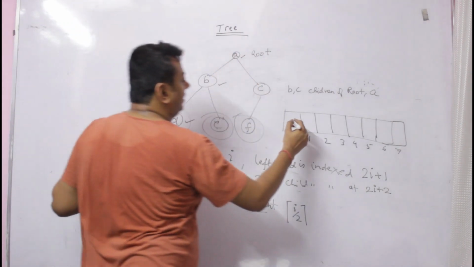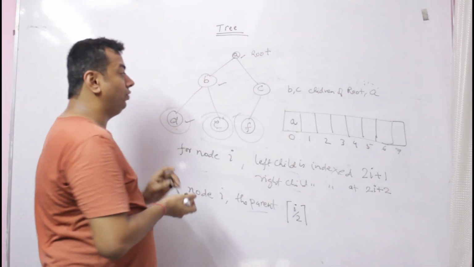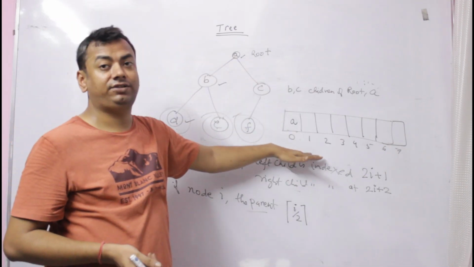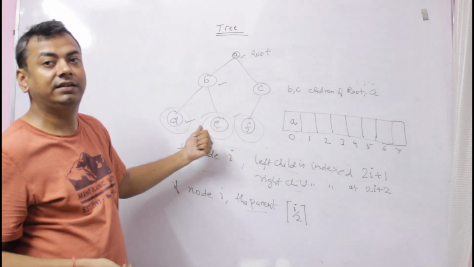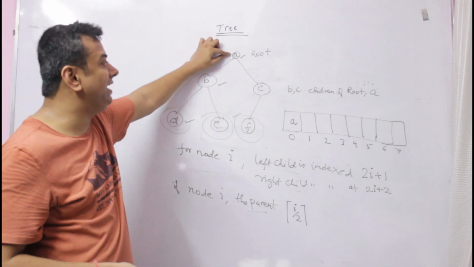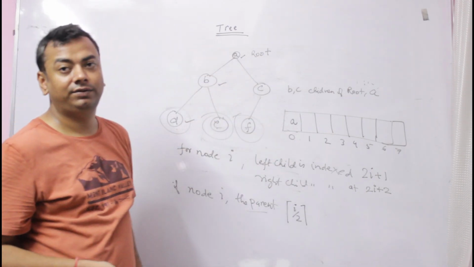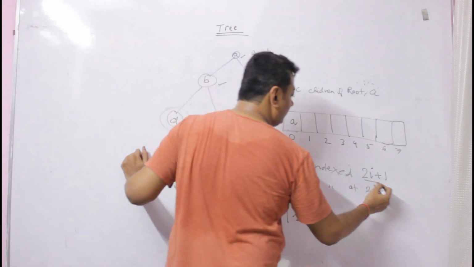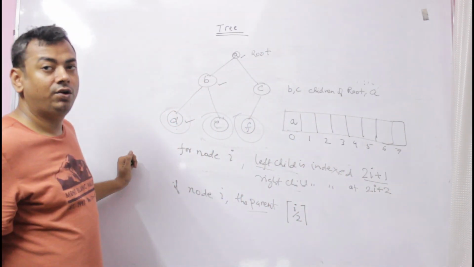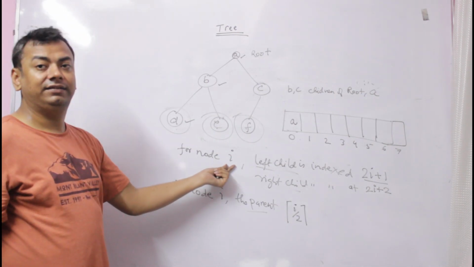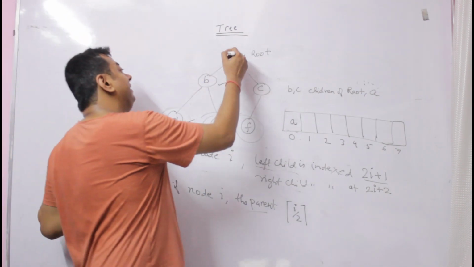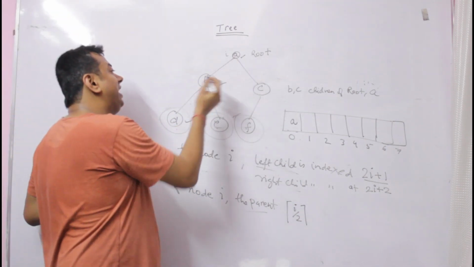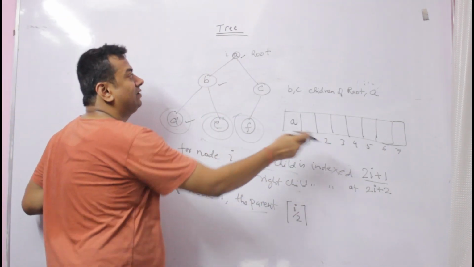If you have to implement this tree, you can use this data structure. So you place the root at index 0. Thereafter, the left child will be placed at 2i plus 1 for any node i.